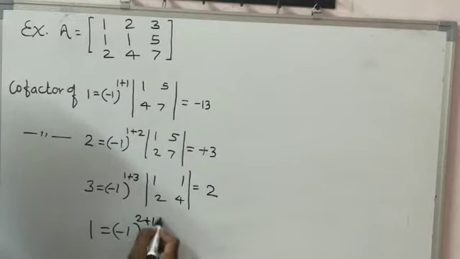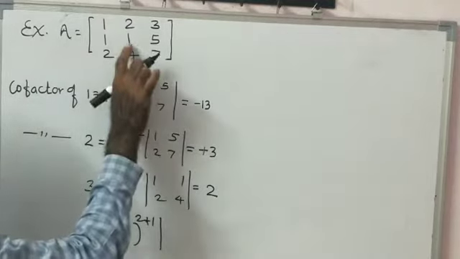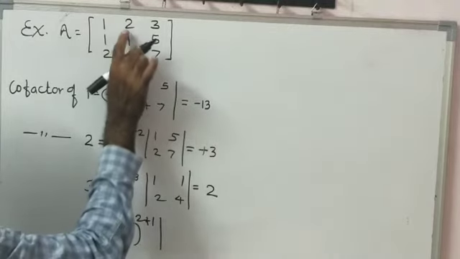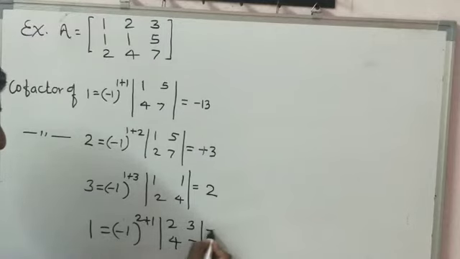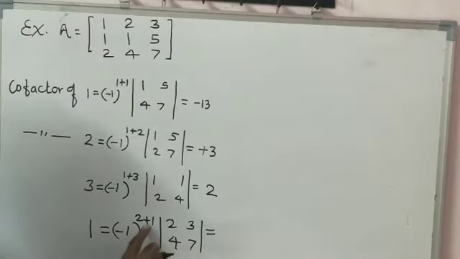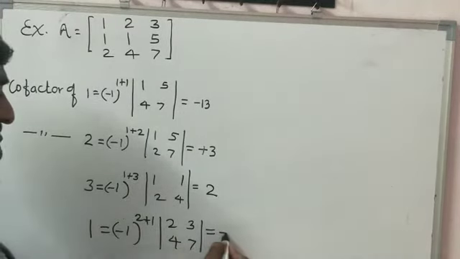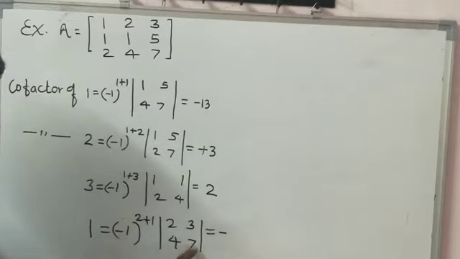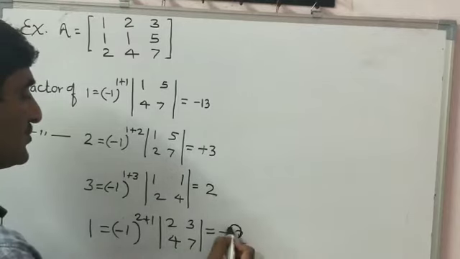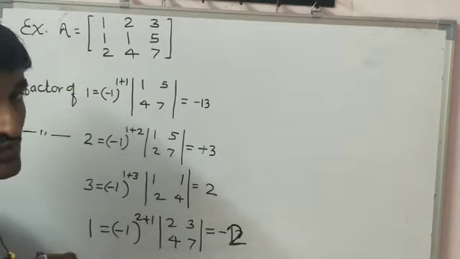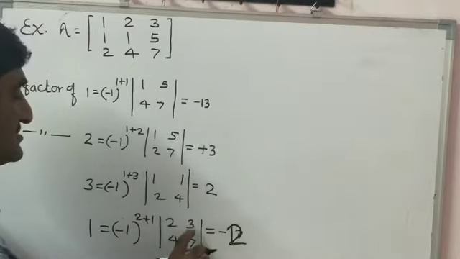Its minor is 2 3 4 7. Minus 1 to the power 3 means a minus sign, and 14 minus 12 is 2.